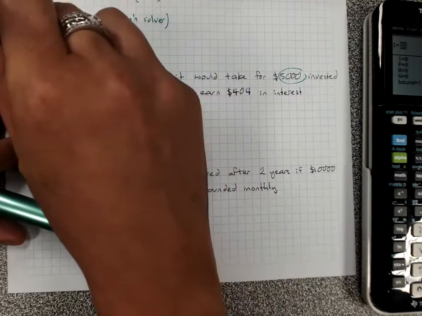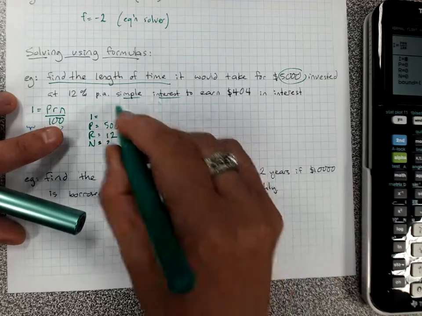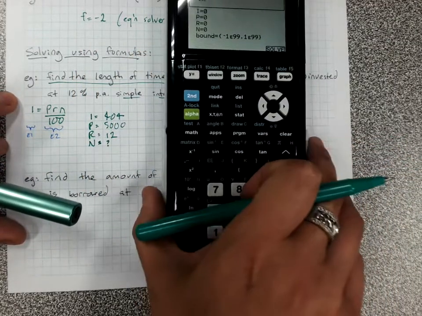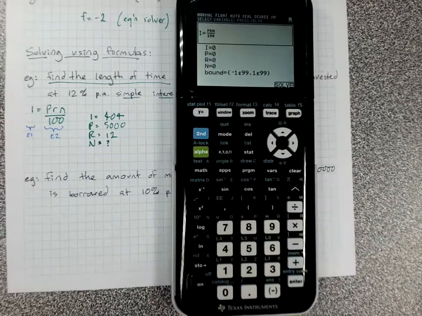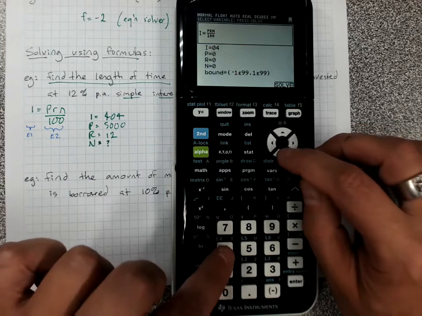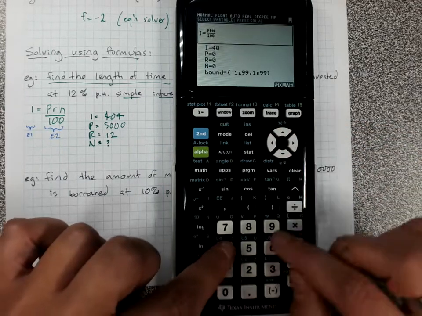Now find the length of time. That's what I want to know. And interest is 404. Enter all of these into their places. Oops, 404.